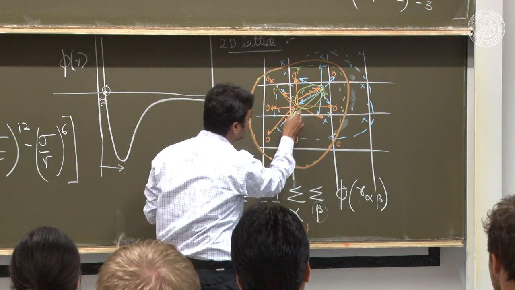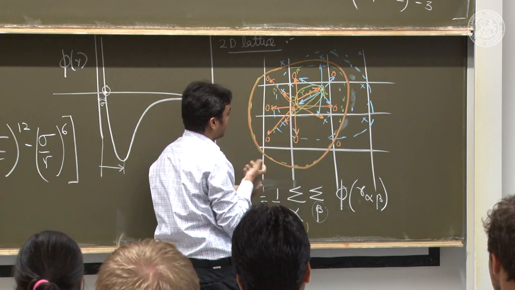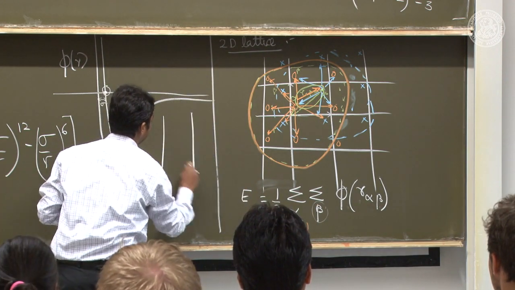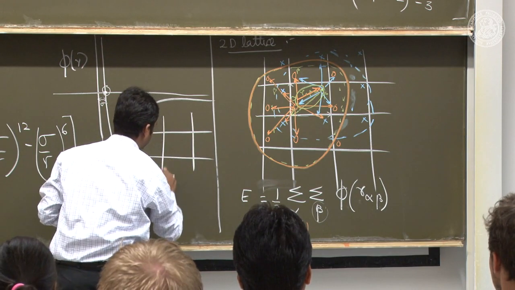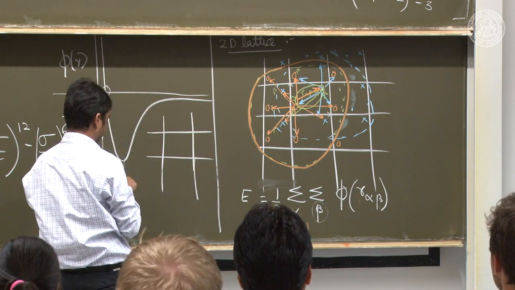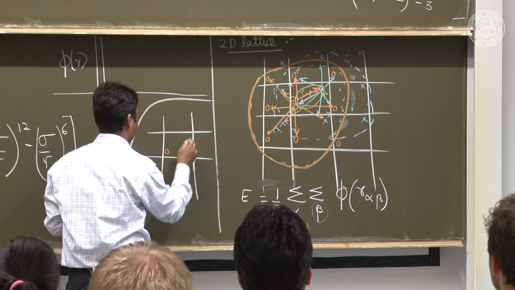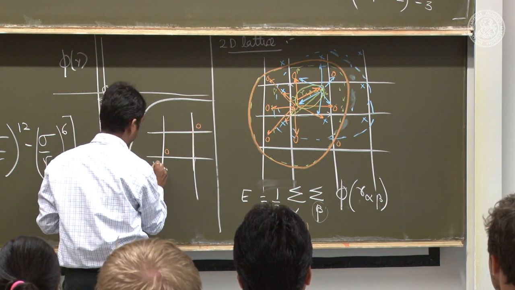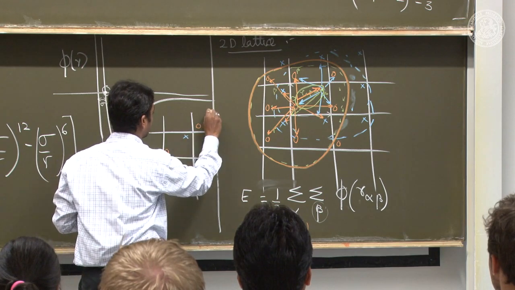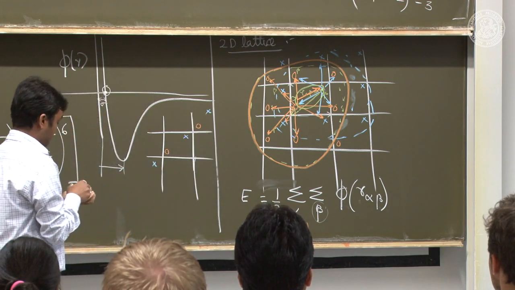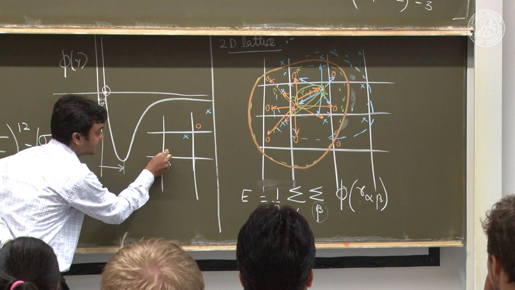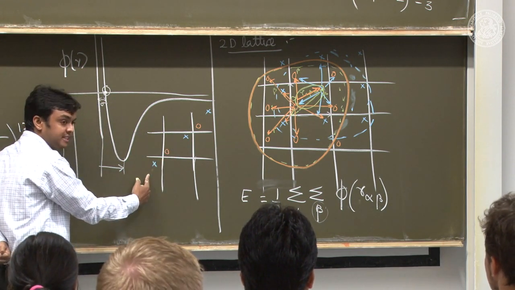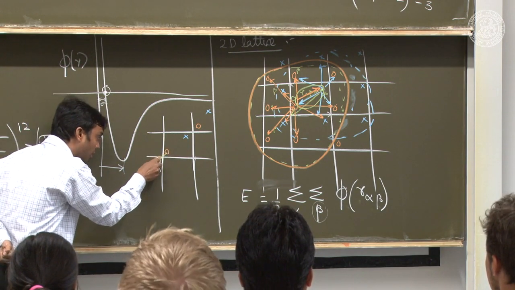So for example, if I look at this bond, this atom is a neighbor of this atom, so I count this bond.